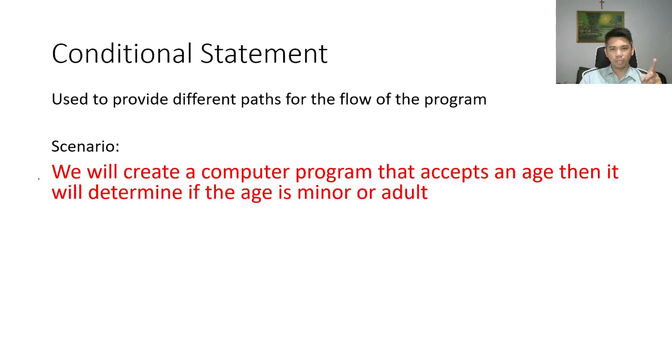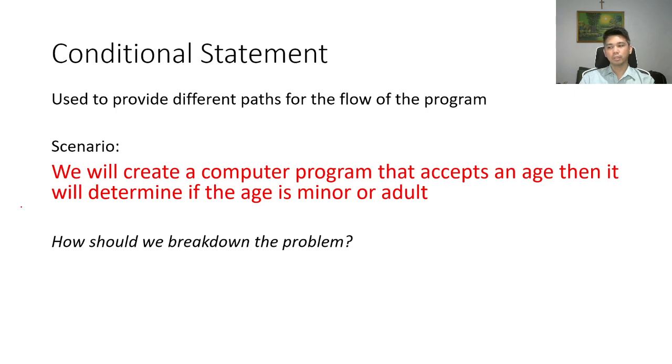Now, again, I want you to read the scenario. We need to break down word problems like this if we are going to create a program out of it. Now, how should we break down the problem? First, what do we need from the user? Ask yourselves that.